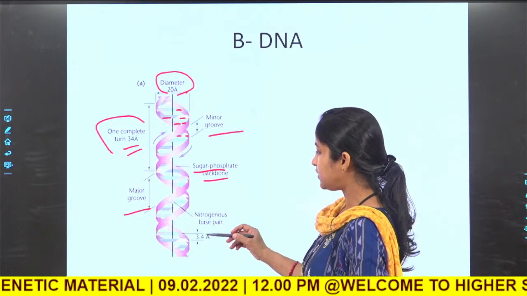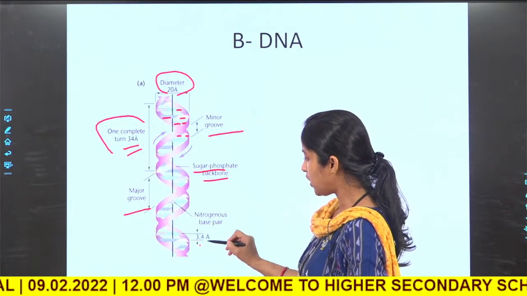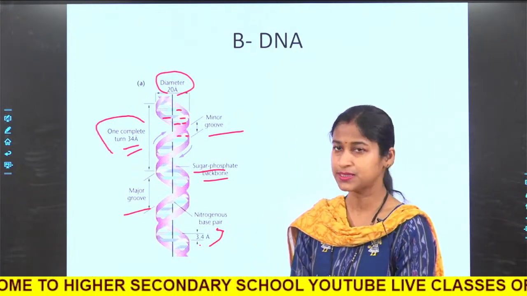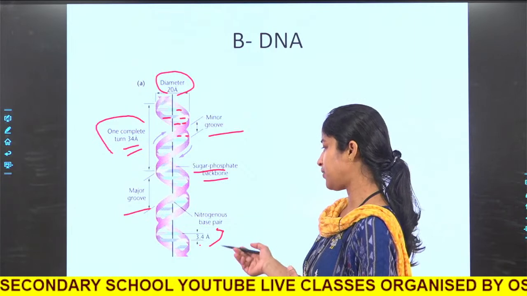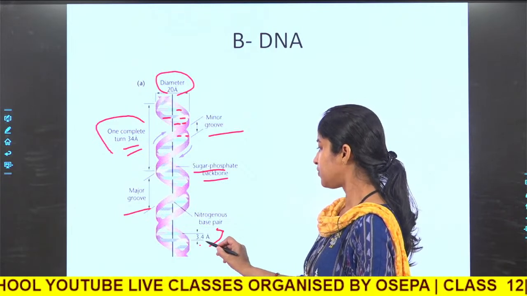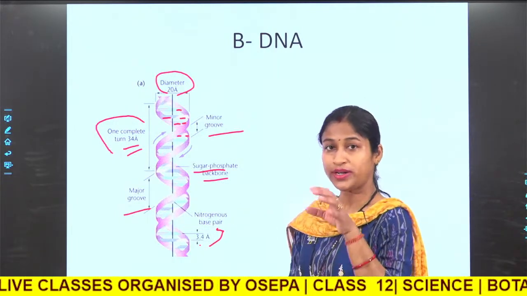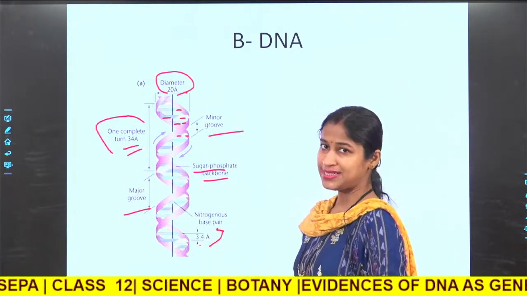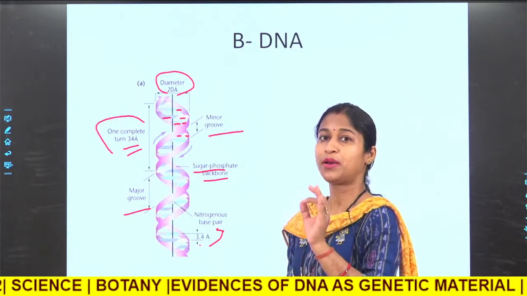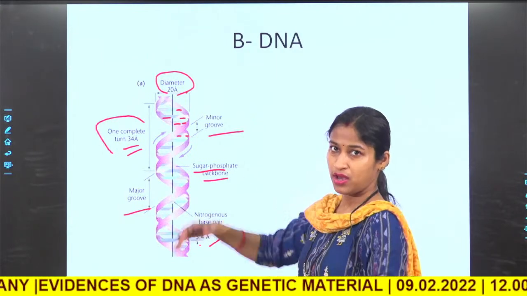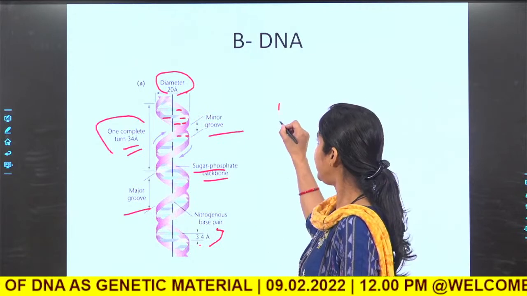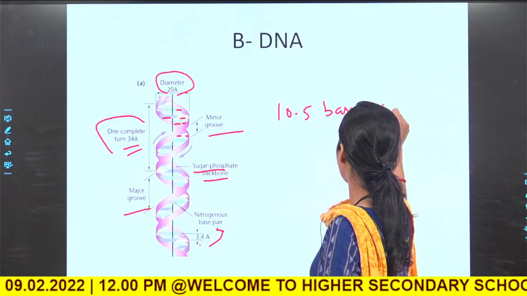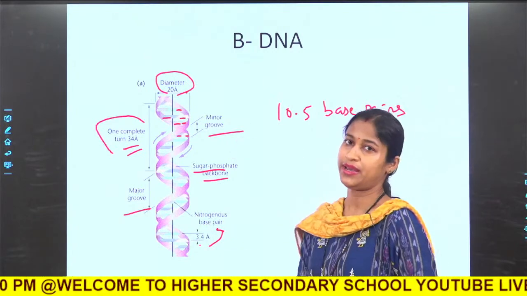The distance between two consecutive nitrogenous bases is 3.4 angstrom, so the 34 angstrom unit comprises 10.5 base pairs of the DNA molecule.